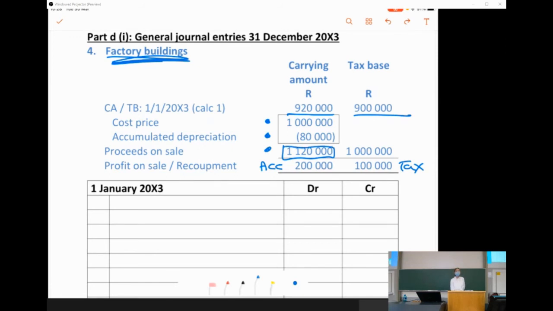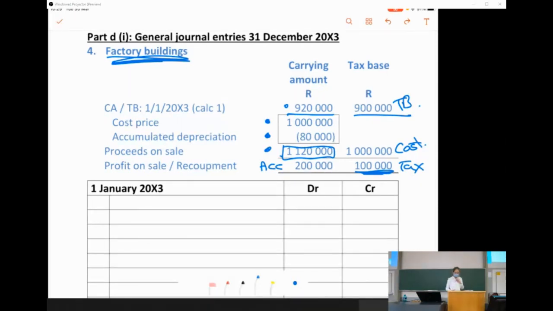So accounting profit will be the full 200,000 difference between the proceeds and the carrying amount. However, for tax purposes, the portion that goes to my current tax calculation as a recoupment will be the difference between my tax base and my original cost. So the 100,000 is then my recoupment.